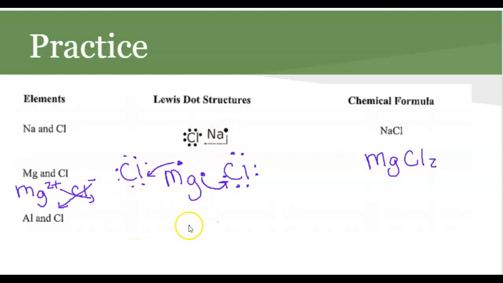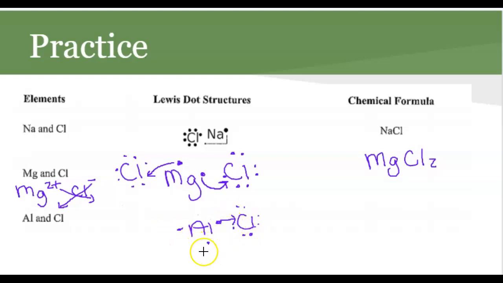So aluminum has 3 valence electrons. Actually, I'm going to erase this one and put it on the bottom to make it a little easier. Okay, so it has 3 valence electrons, and I would end up doing my tiny dots here, 7 for 1 chlorine, and therefore this one can come over here.